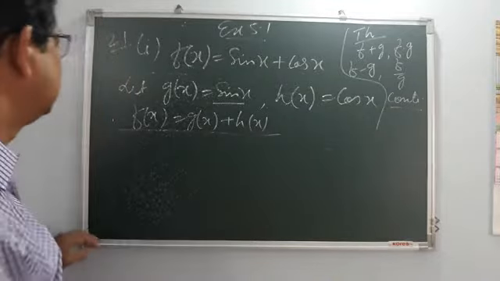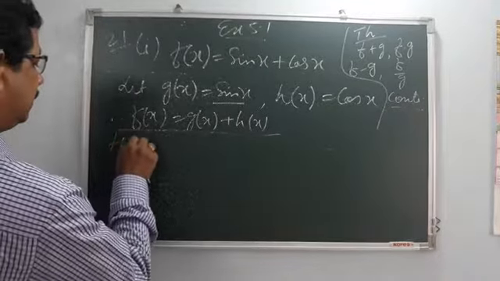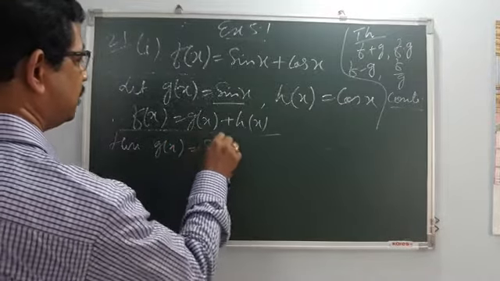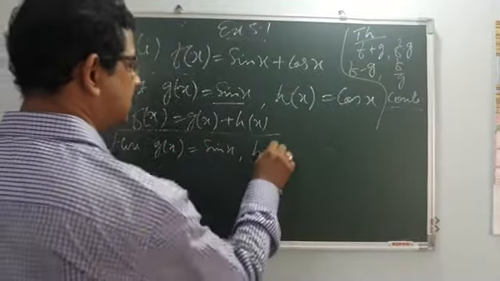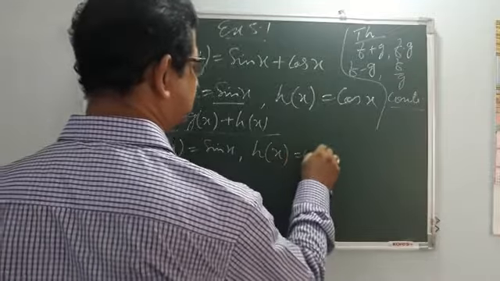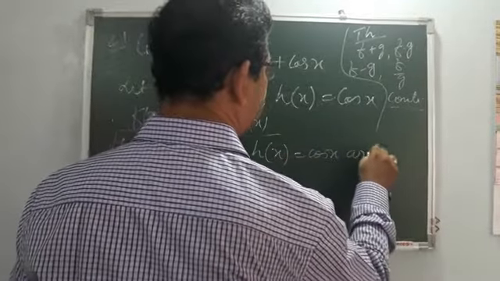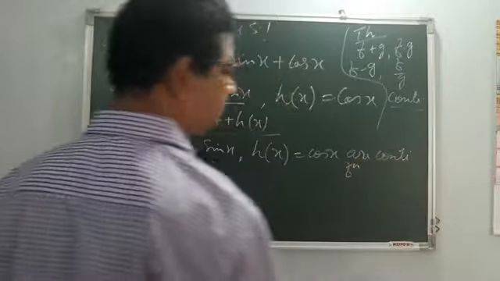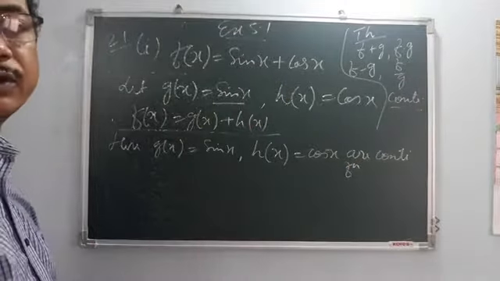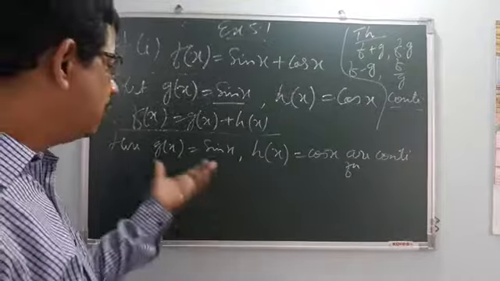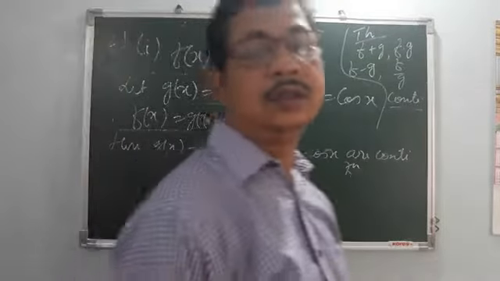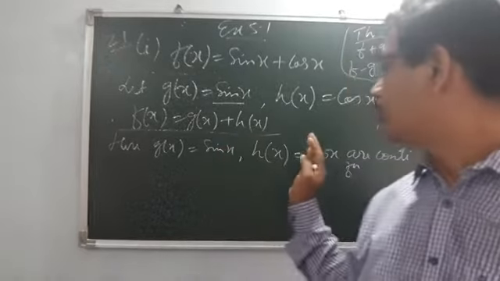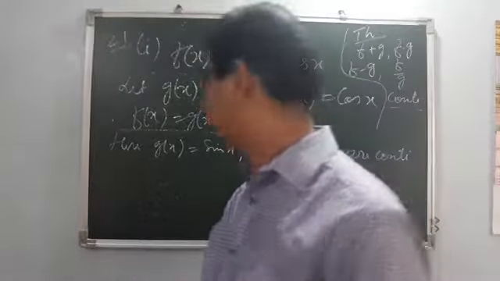So here g(x) = sin x and h(x) = cos x are continuous functions. If more marks are given, then you have to show how sin x is continuous and how cos x is a continuous function.